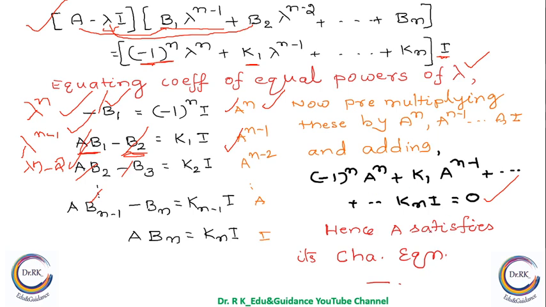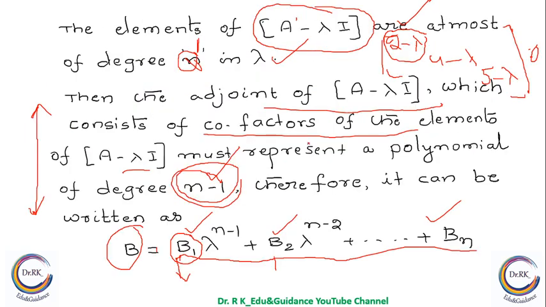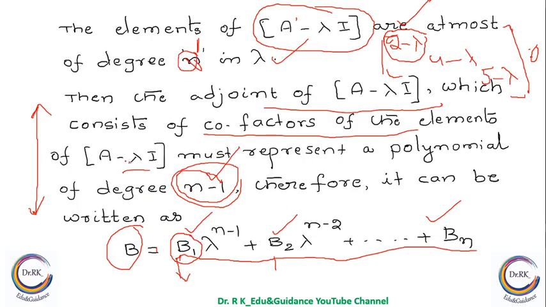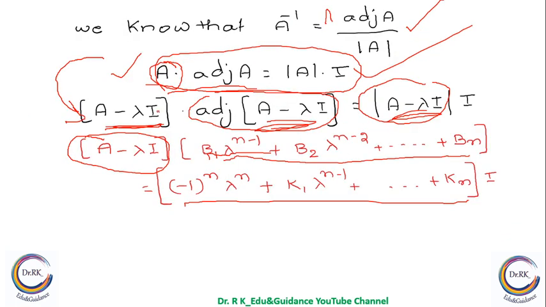That means we proved the Cayley-Hamilton theorem. So the proof is very important, and in proving this, there are two or three important steps: this one is an important step, this is another, and this is another. So we need to practice it to understand the proof of the Cayley-Hamilton theorem.